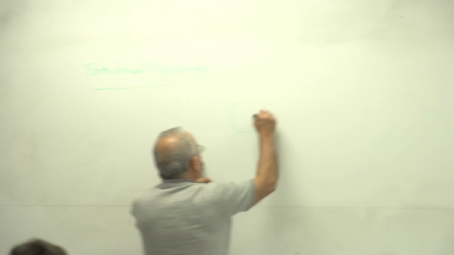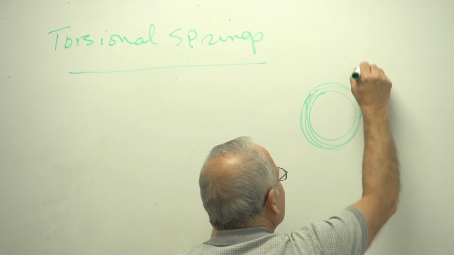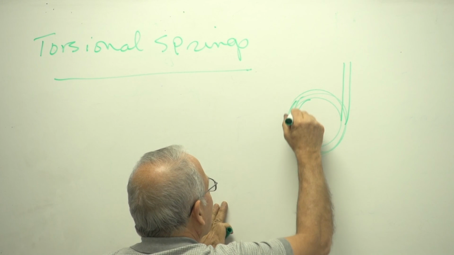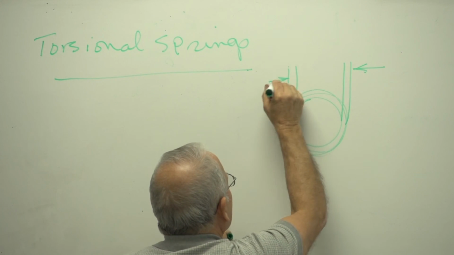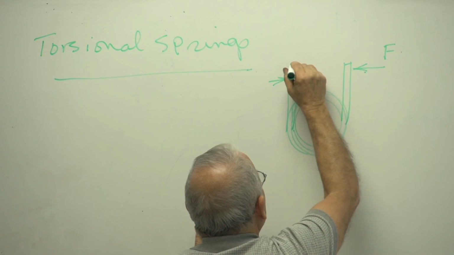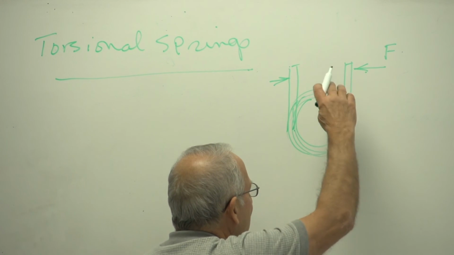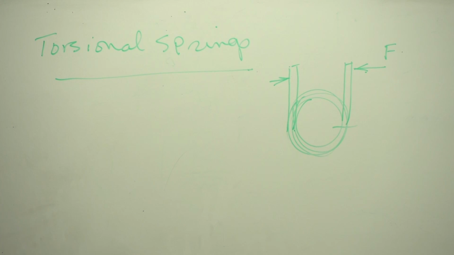So if you take a look at a torsional spring like this, many coils like that, then ends have to be something similar to what I have on the board so that you can apply a load F. And that load F produces bending in the whole spring. And therefore, your stresses are normal stresses.